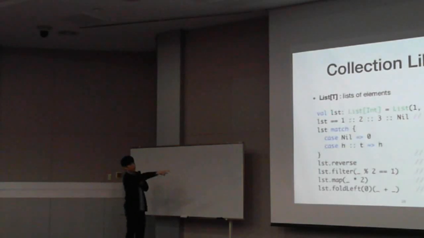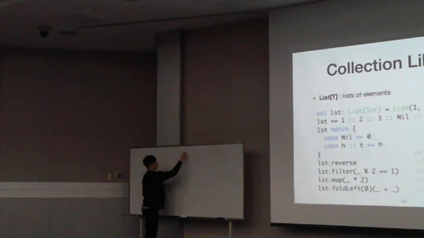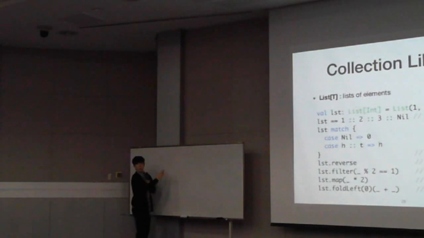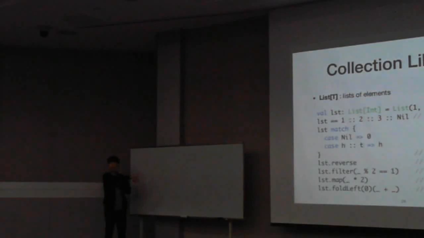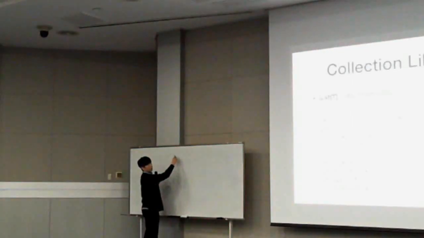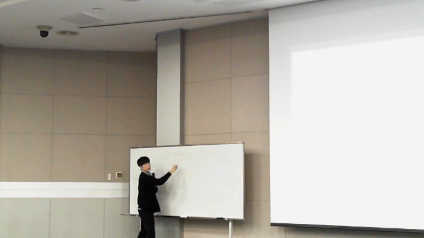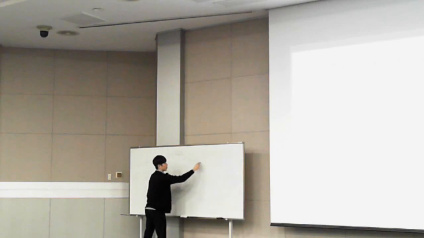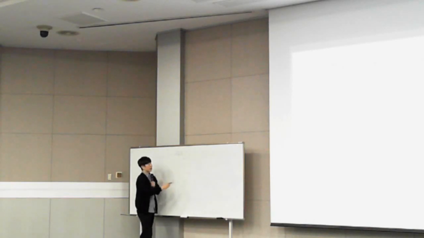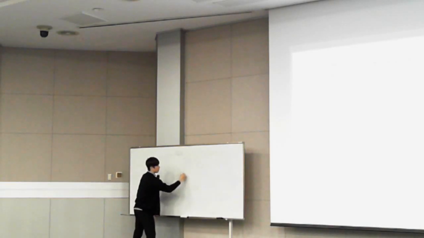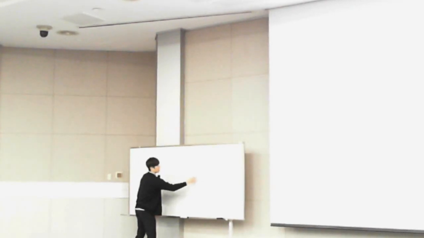So lst.foldLeft(0), where 0 is the initial value. First 0 is the initial value, then plus adds two integers, and lst is 1, 2, 3.